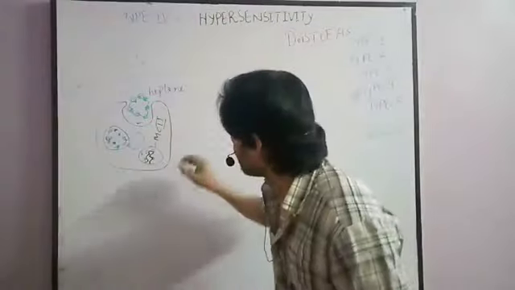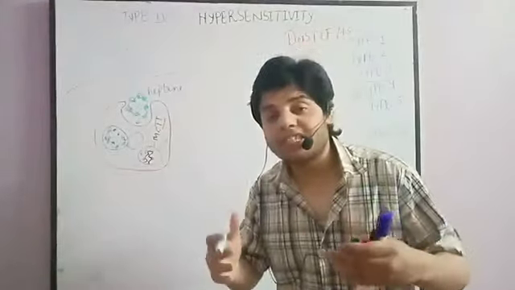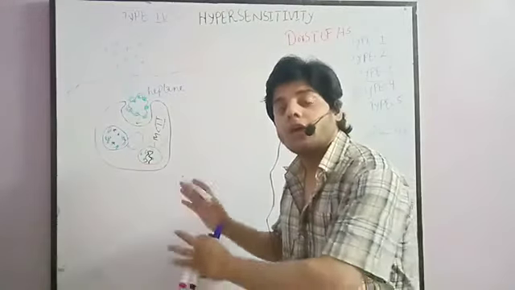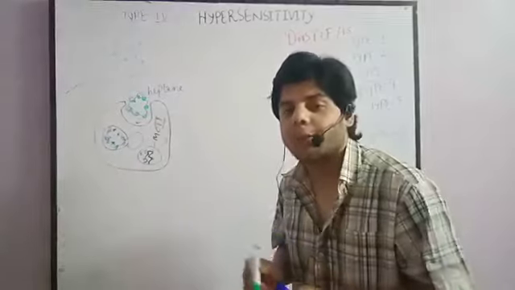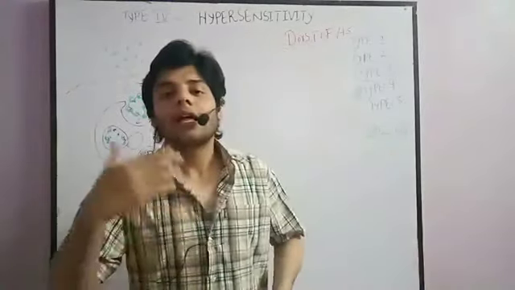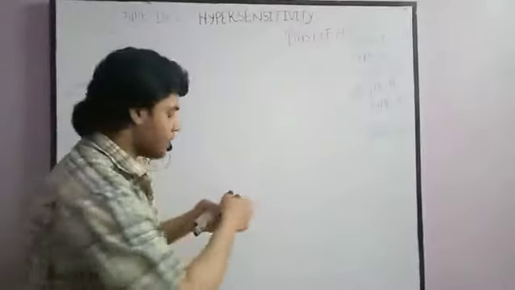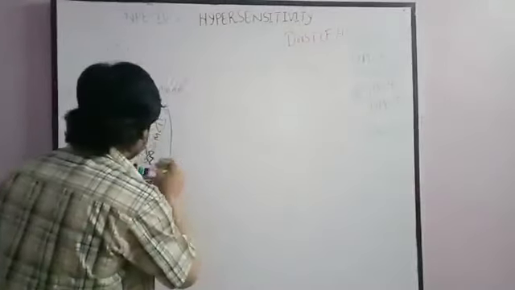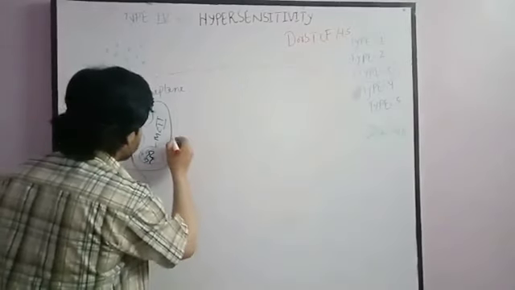After that, what will happen? The MHC2 molecules will reach the cell membrane area. Once they reach the cell membrane, a receptor is formed which we call the MHC2 receptor. So let me draw a receptor here, and change the color.